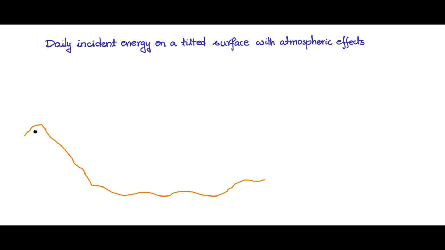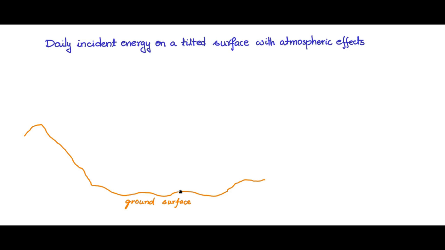This is the ground profile. There is a hilly region here, and then the valley region where probably we will place the flat plate collector at an angle, and this basically is our ground surface.